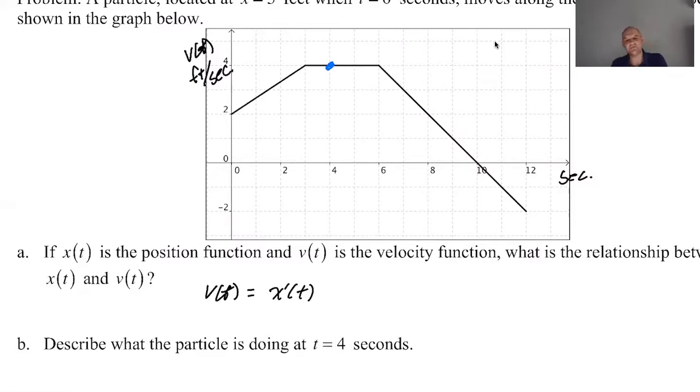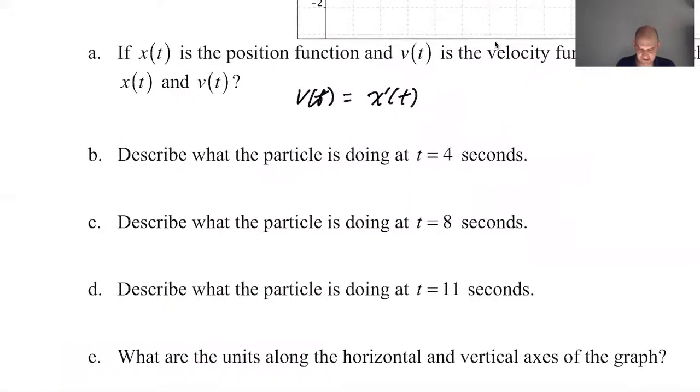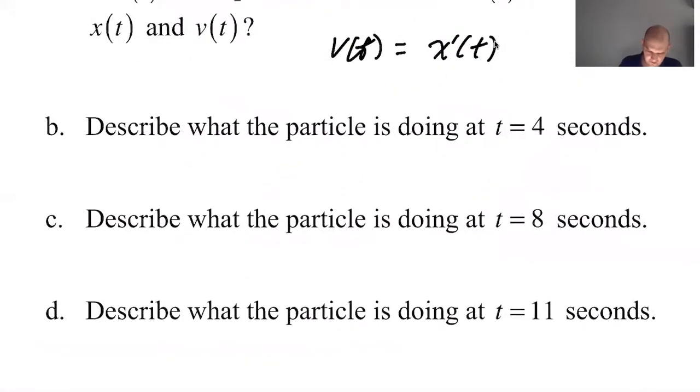So I'm going to say it's moving to the right at 4 feet per second. Acceleration is 0, so I'm going to say with constant speed. So describe what it's doing at t equals 4: it's moving right at 4 feet per second.